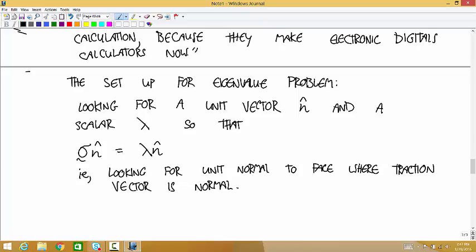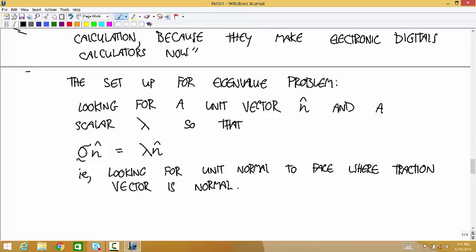So this is actually a really common problem in mechanics. Where there's no shear stresses, for deformation, we use this eigenvalue, eigenvector problem to find those principal stresses.